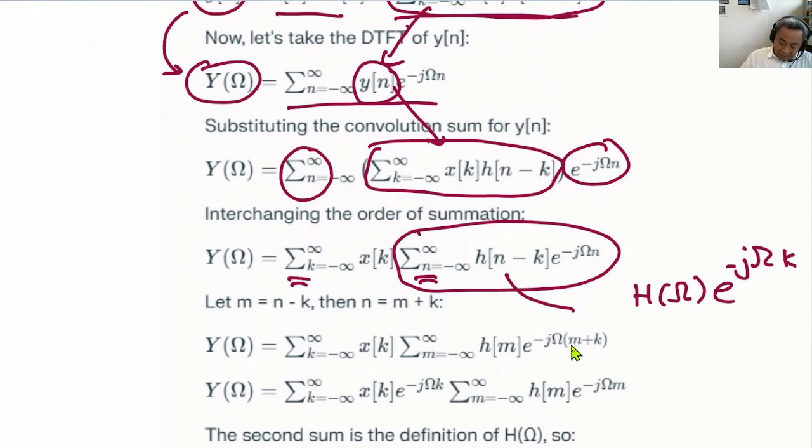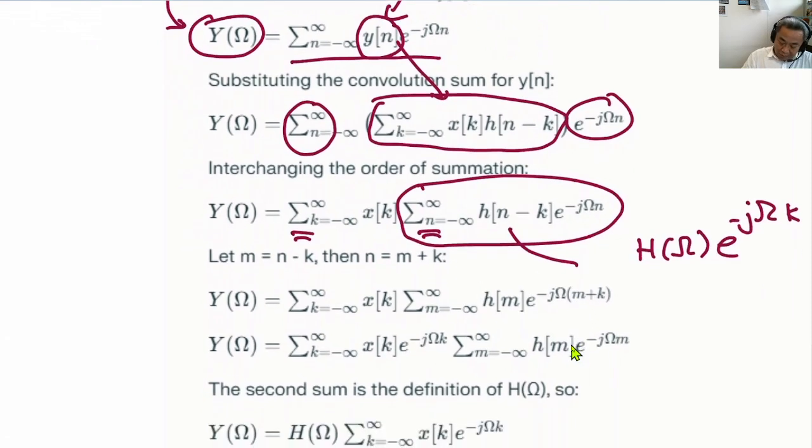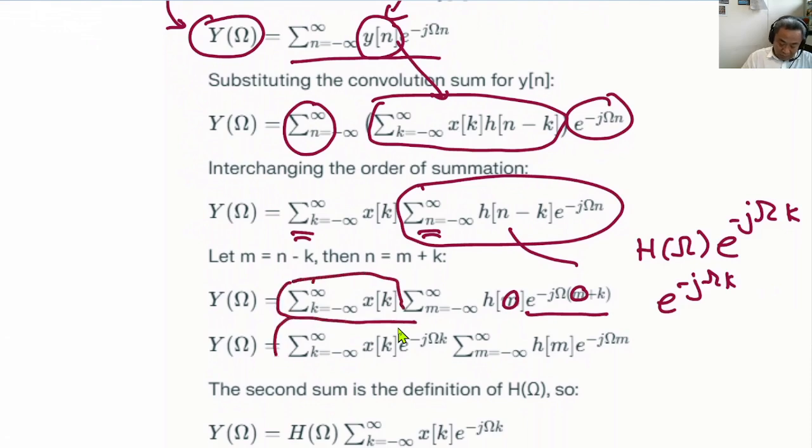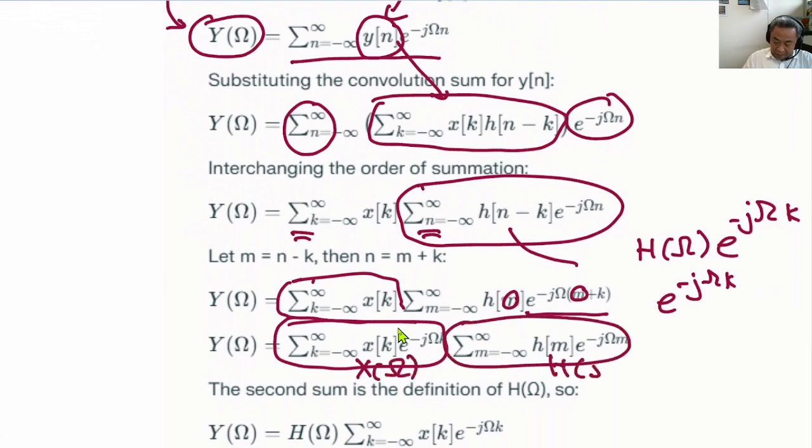We then break this equation, considering the term in m on one side and e to the minus j omega k on the other side. Then we bring e to the minus j omega k to be associated with x of k. The sum on the left looks like x of omega, and the sum on the right looks like h of omega.